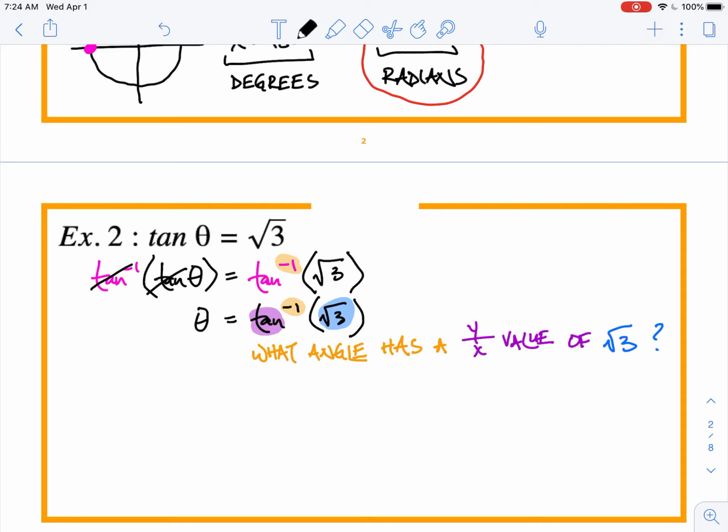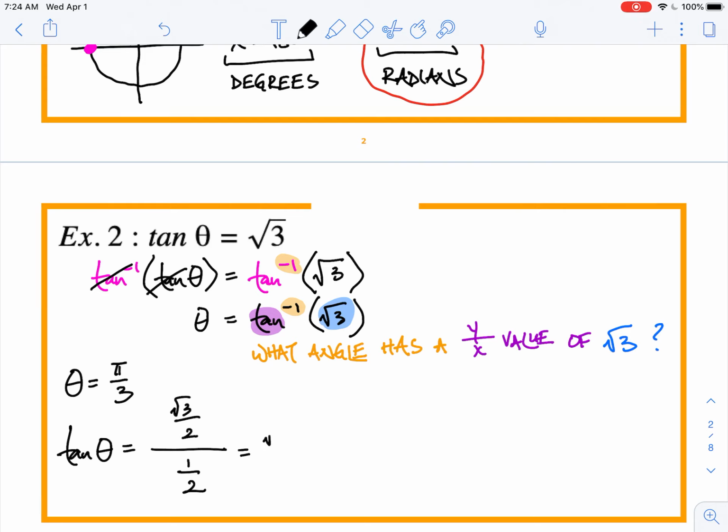Now, let's take a look at our unit circle to find out. So if we go back to our unit circle and we look around the unit circle, we will find that at theta equals pi over 3, we're going to have these certain x and y values. The y value there is root 3 over 2, and the x value there is 1/2.